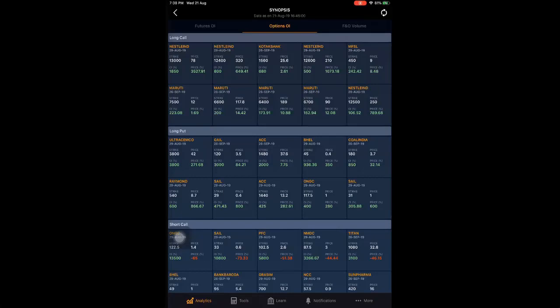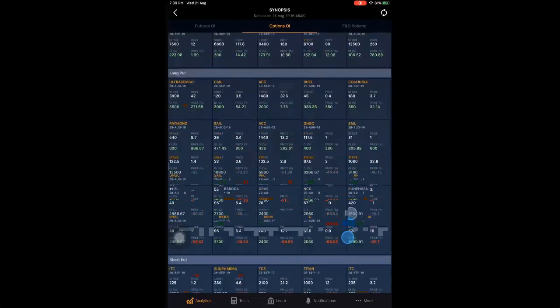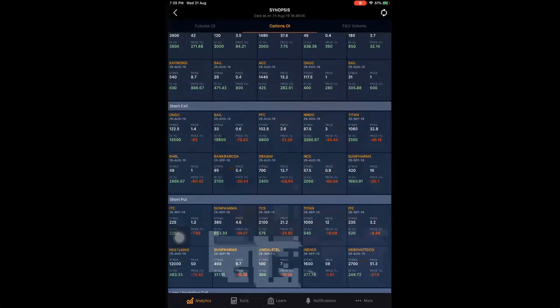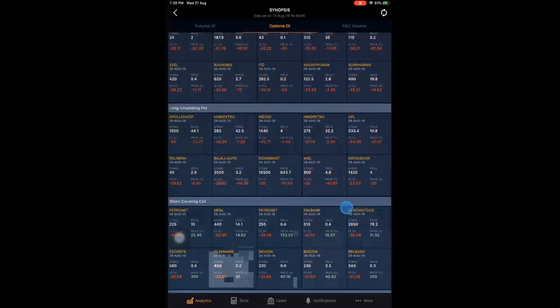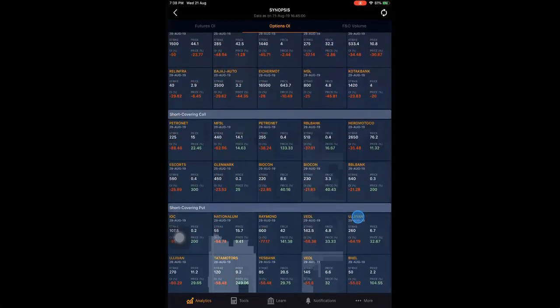Now coming to the first product, options OI. It is based on the options open interest and price. So those stocks where there is a good long addition or short addition in the option: long call, long put, short call, short put, long unwinding call, long unwinding put, short covering call, short covering put.